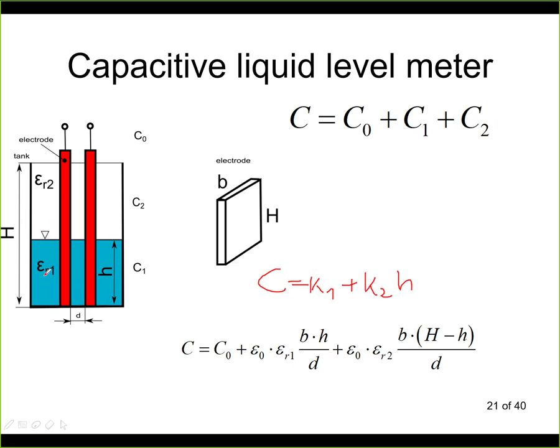Note on this picture that this picture is shown for a non-conductive liquid, so there is no insulation on either of the electrodes. So this arrangement would work only for a non-conductive liquid. So for example, if you measure oil, then it would work.